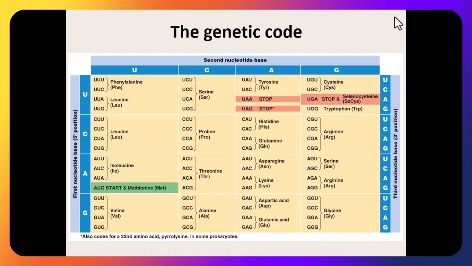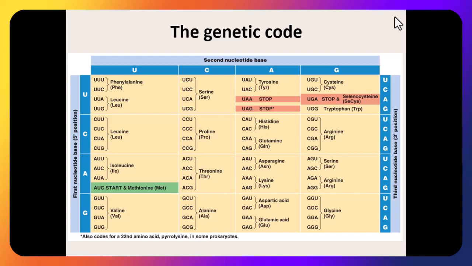Now, there are 20 different amino acids, but there are 64 different ways to mix A, U, Cs, and Gs around into 3-letter combinations. So 64 different possibilities, but only 20 different amino acids, which means there are some repeats.